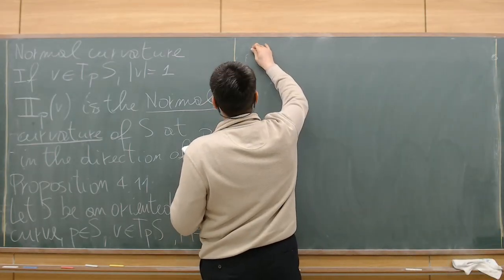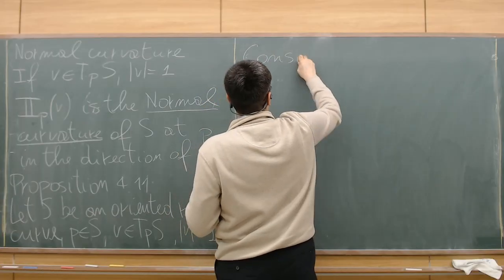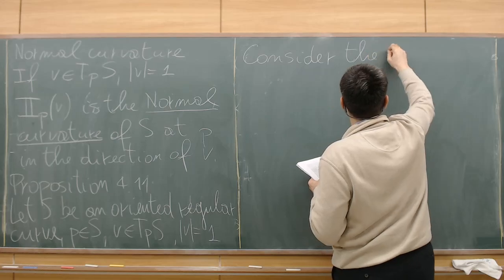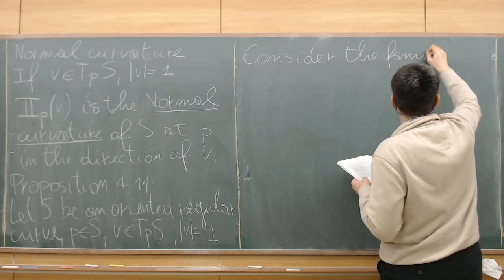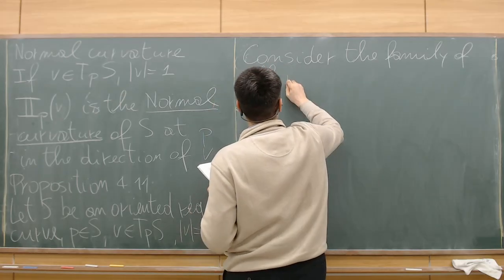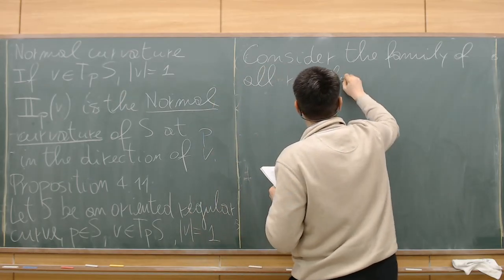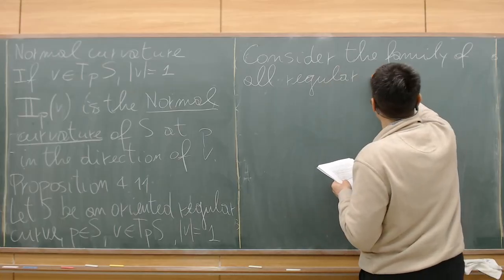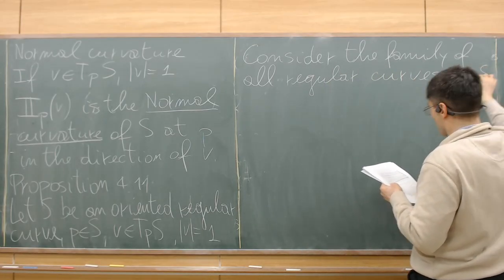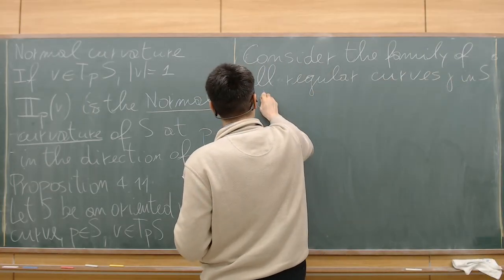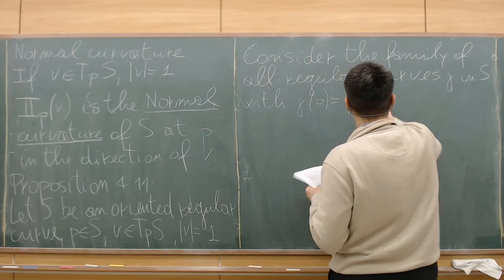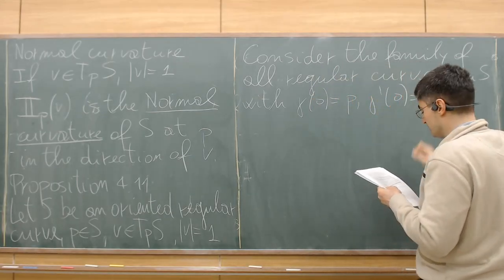Then what we do now is the following. We consider the family of all regular curves gamma in S with gamma(0) equal to P, gamma prime(0) equal to v.